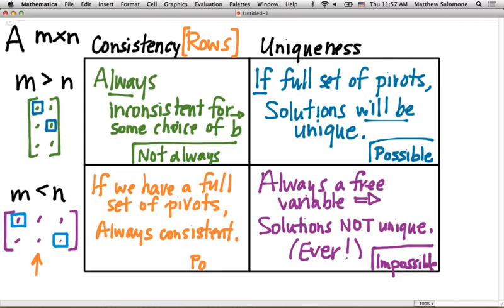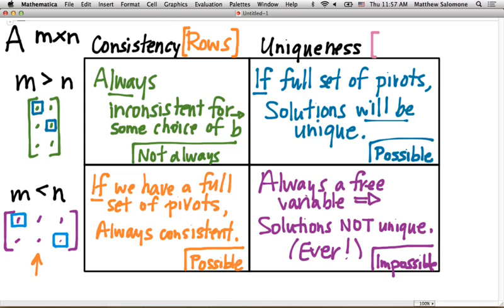So consistency for every value of b is a possibility over here, but only if we have a full set of pivots. If there's still a row with no pivot in it, then we can still make that system inconsistent. But as long as we have a full set of pivots, we're okay. So this is kind of a classification for what can happen with rectangular systems of equations.